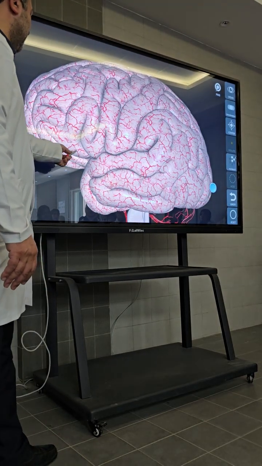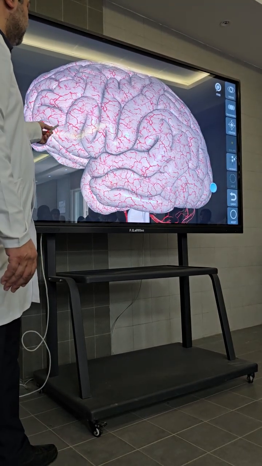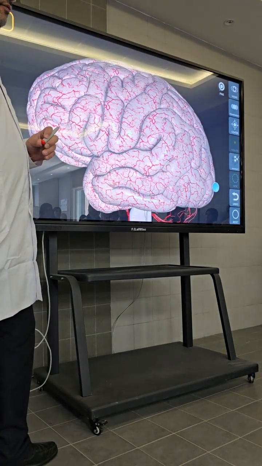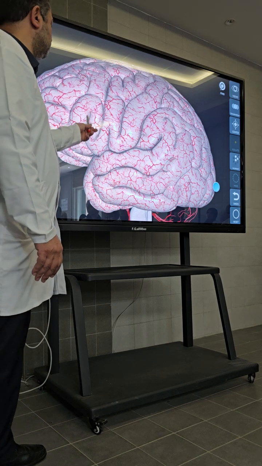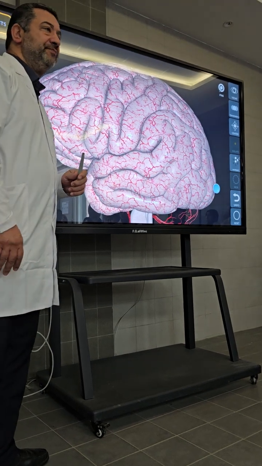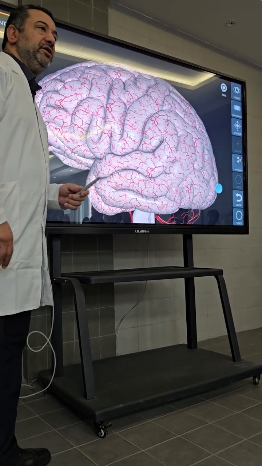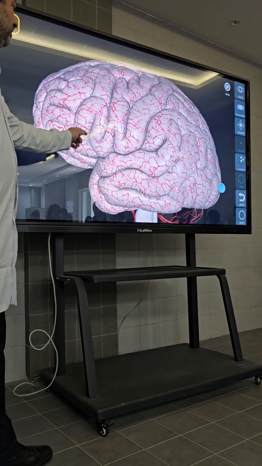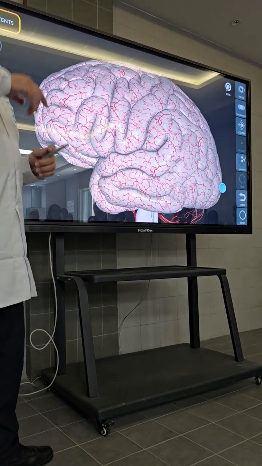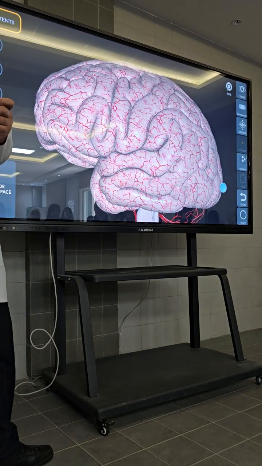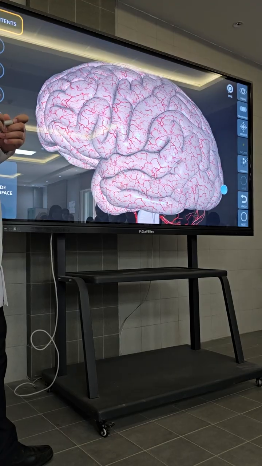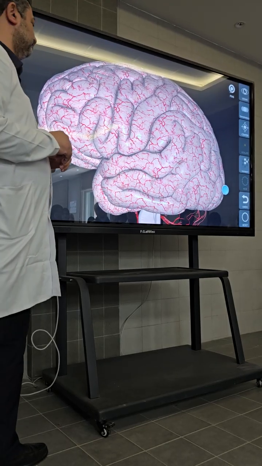Between the ascending branch and the anterior horizontal branch, this area is called the triangular area, Brodmann's area number 45. Posterior to the ascending branch, there is the opercular area, Brodmann's area number 44. These two areas on the left cerebral hemisphere are called Broca's motor speech area.